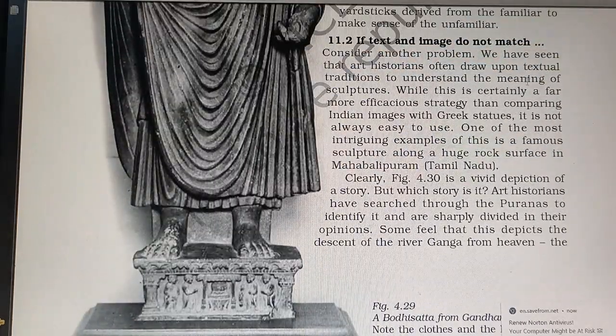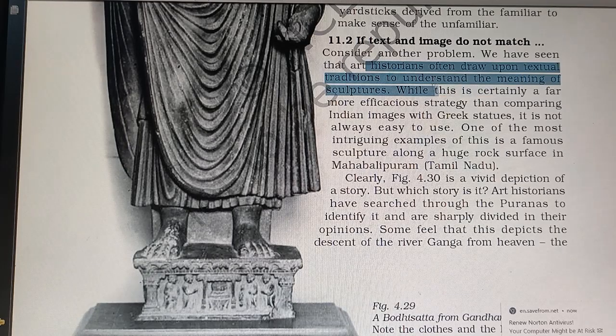Another way to understand the sculptures was that historians used the textual tradition to understand the images. One such example is the famous sculptures along a huge rock surface in Mahabalipuram in Tamil Nadu.